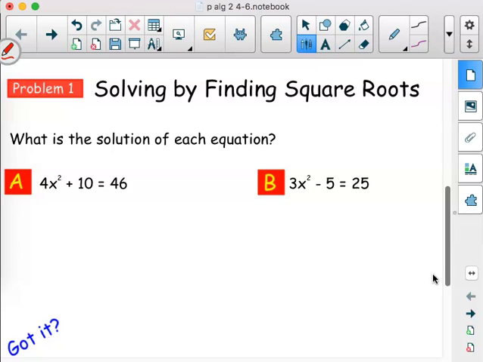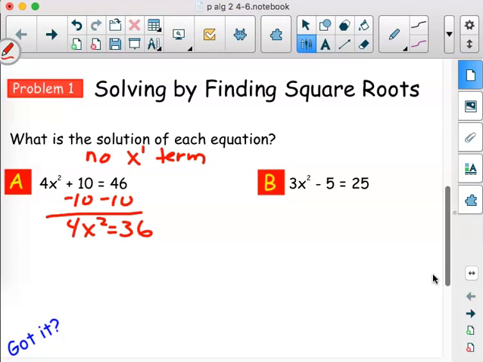And I need you to notice that there is no x to the first term. So if there isn't an x to the first term, sometimes we can just solve it, which means we isolate the variable. So for 4x squared plus 10x equals 46, we'll subtract 10 from both sides.